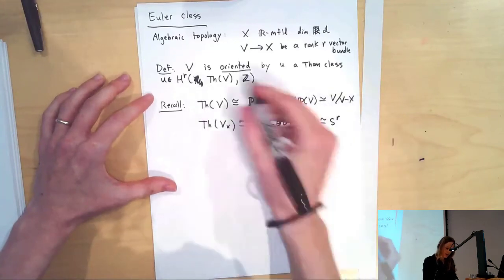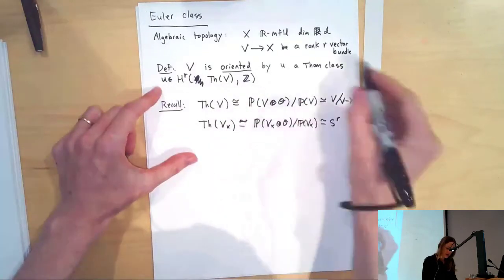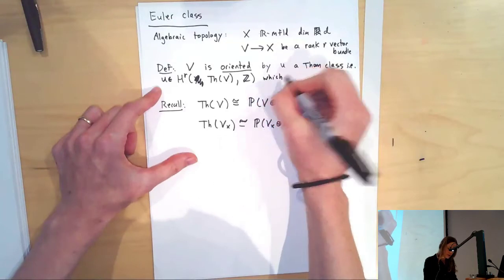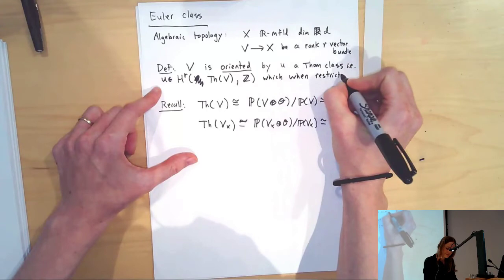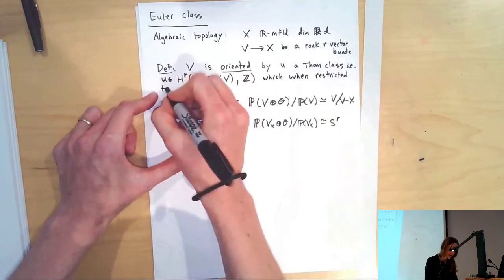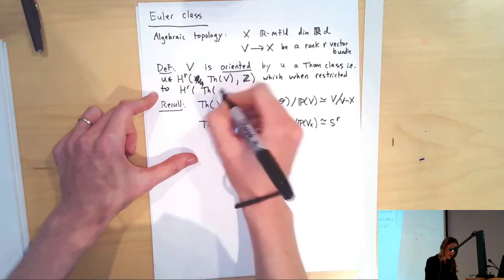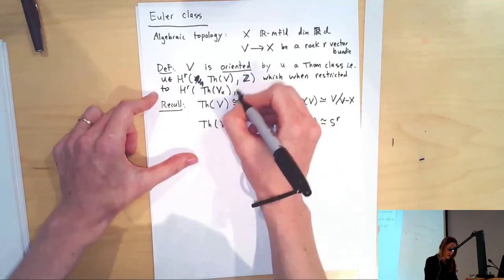So a Thom class is a class which, when restricted to the cohomology of the Thom space of each of the fibers, gives you a generator.